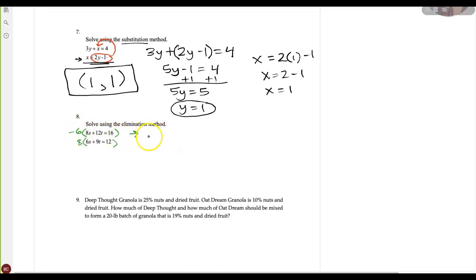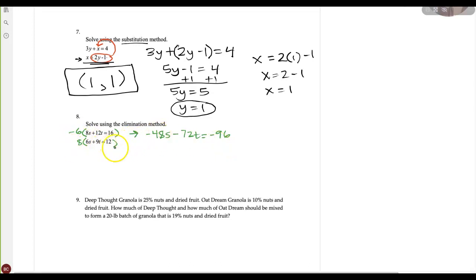So if I distribute that -6 through, I get -48s, and then minus 72t, and then equals -96. So -6 times 16 is -96.